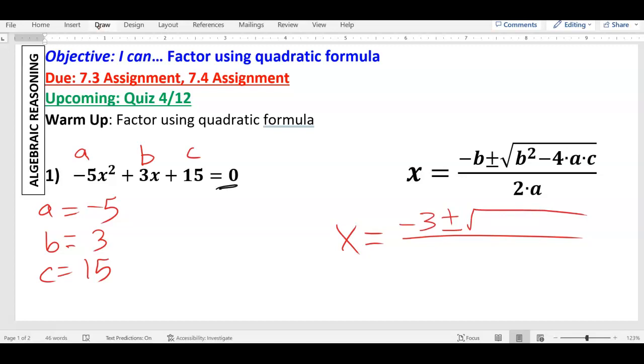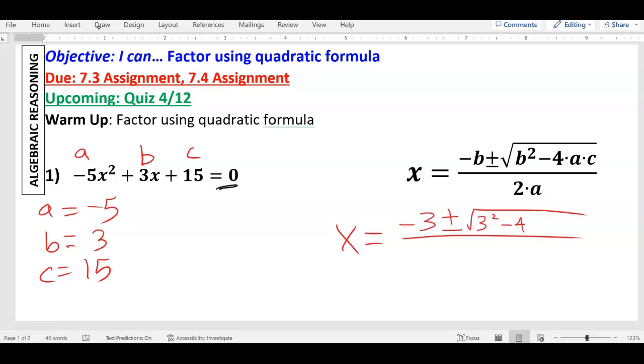The next thing in our equation is b squared. So b is 3, so I'm going to put 3 squared minus 4. That minus 4 is always there. Cool. And then a and c you're going to put in parentheses. So a right here is -5, c is 15.